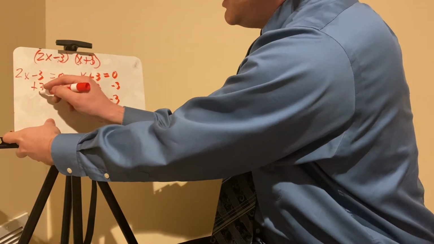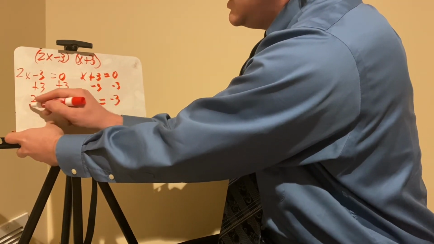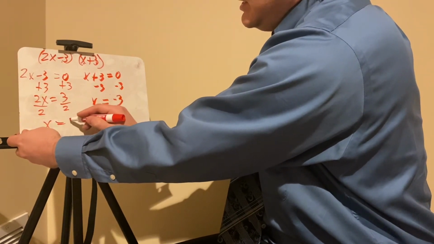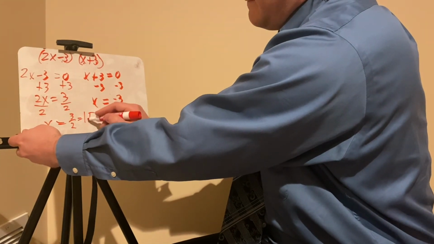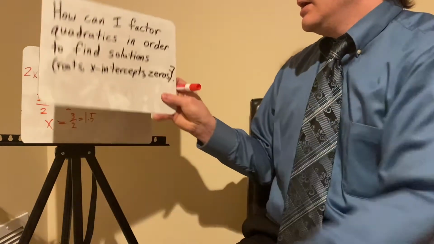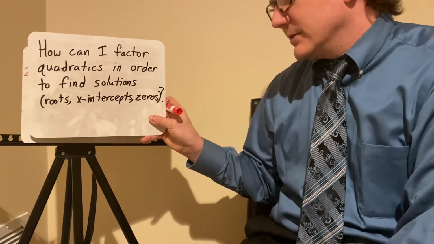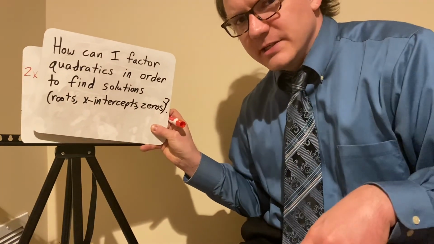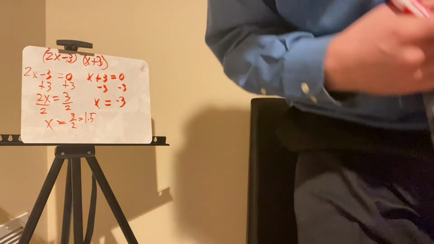Now I add 3 to both sides of the first: 2x equals 3, divide by 2, x equals 3/2, or 1.5. And that is how I can factor quadratics in order to find solutions, roots, x-intercepts, and zeros. Remember, this was fast. You're going to want to watch this again or watch other videos to help you master this skill, along with practice.